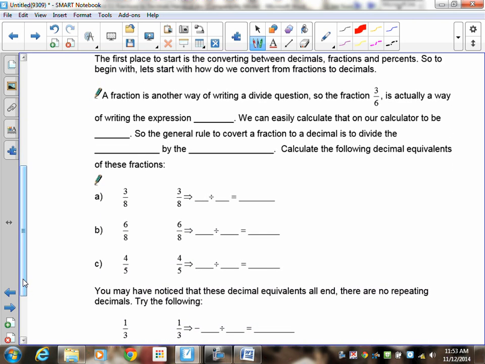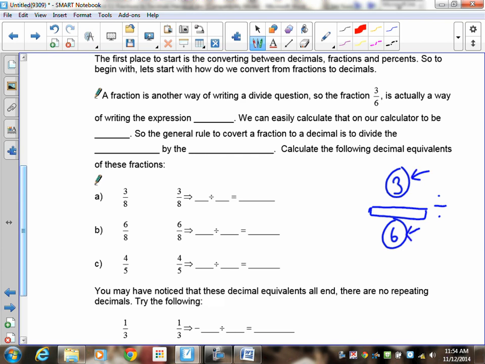A fraction is another way of writing a divide question. And I've shown you this before. If you think of a divide sign, it looks like this, right? There's a big fancy divide sign. A fraction is nothing more than a divide sign with the numbers in. So if you want to figure out how to get a fraction to a decimal, you divide. Top divided by bottom, the numerator divided by the denominator.